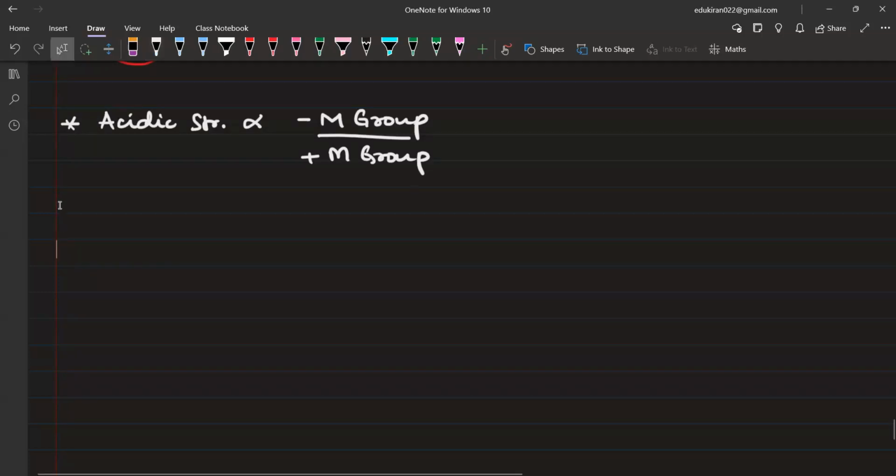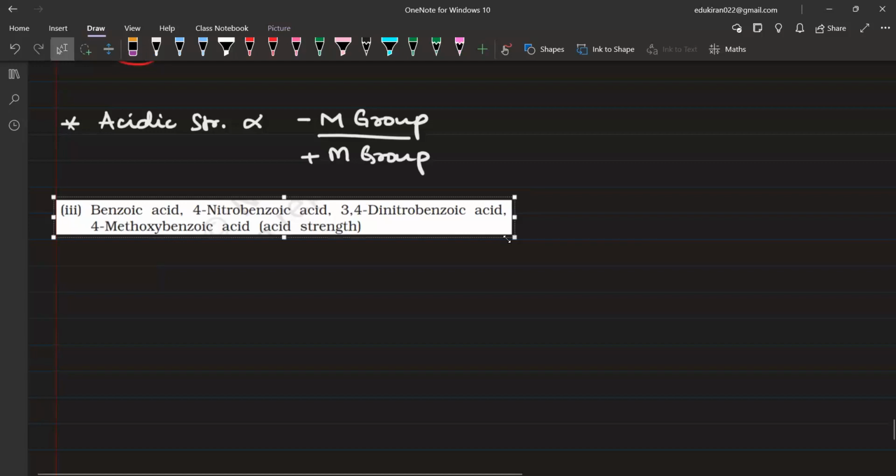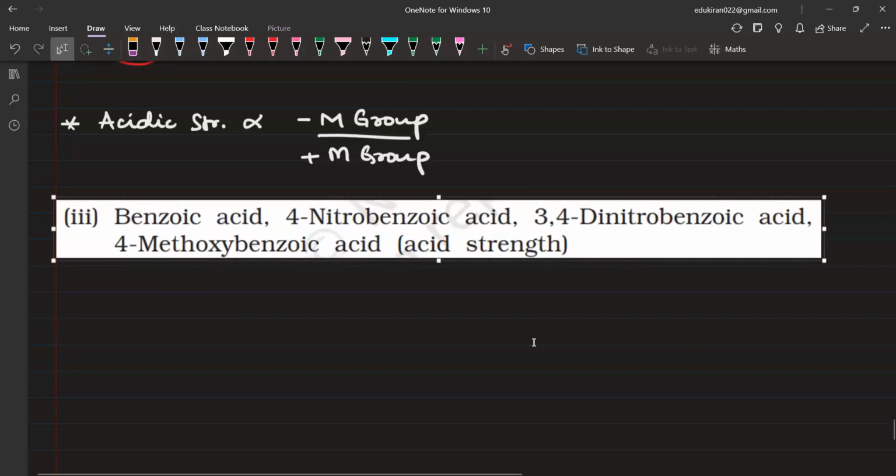You have to arrange the following in increasing order of acidic strength, and these are the options. Okay.